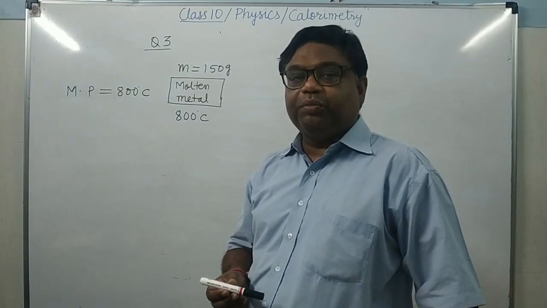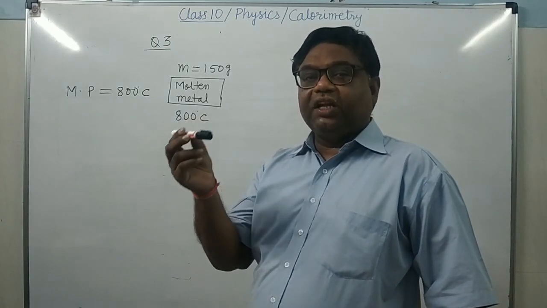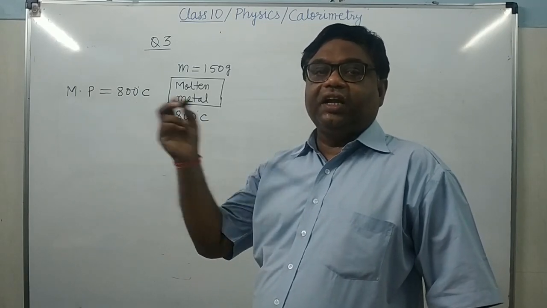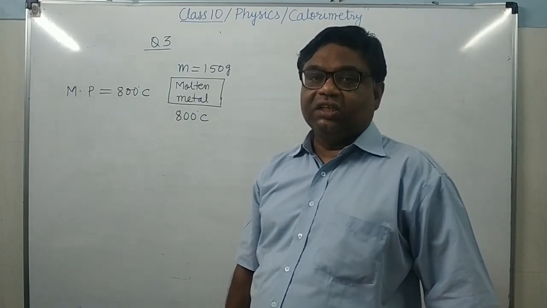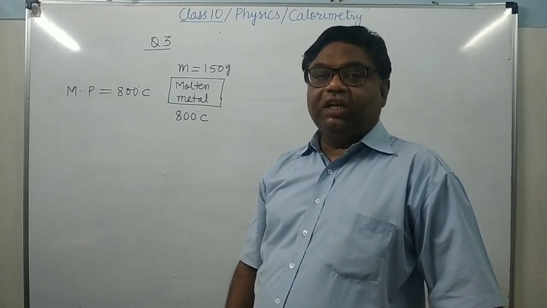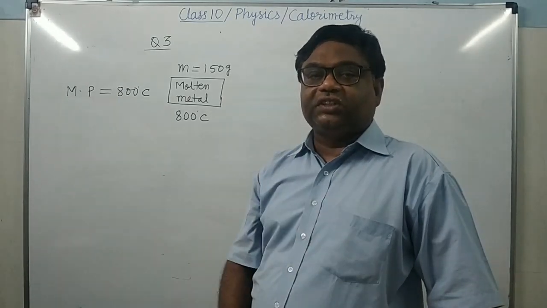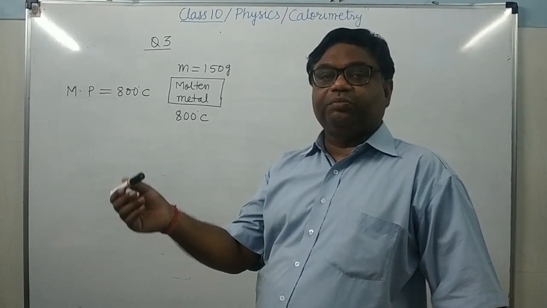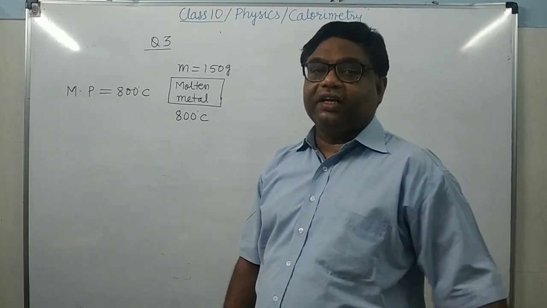What does it mean? That if the metal is in the solid form, then it will melt at 800 degrees Celsius by absorbing the latent heat. Similarly, if the metal is in the liquid state, then it will freeze at 800 degrees Celsius by liberating the latent heat.